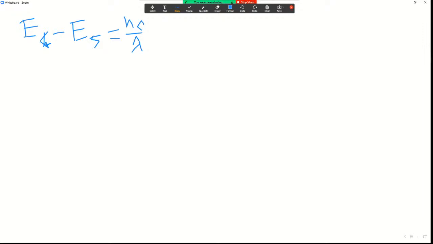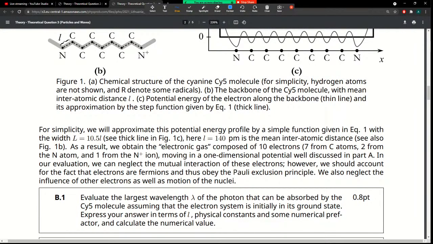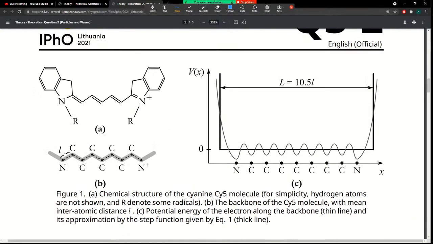What is it? So 36 h squared. But what will we take as the length L? Should it be 10.5 l, like the width of the thing? But one electron, okay, all of these are conjugation. No, three of them are separate and the rest of them are in conjugation.